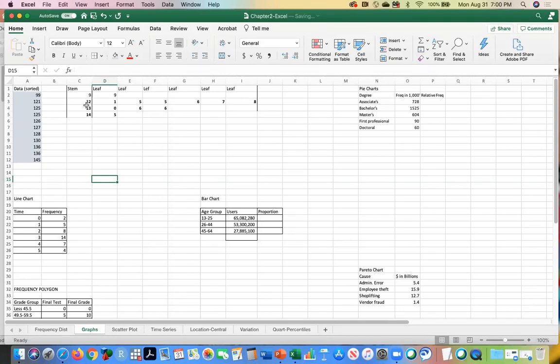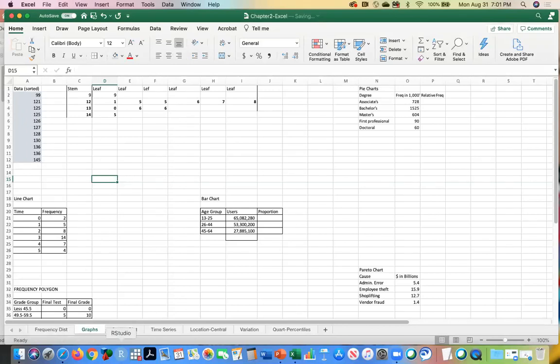So if these are prices, probably people are willing to pay more for prices in the 120s. They don't like things that are too cheap, I guess, or too expensive. So that can be an interpretation that we can make from our data.